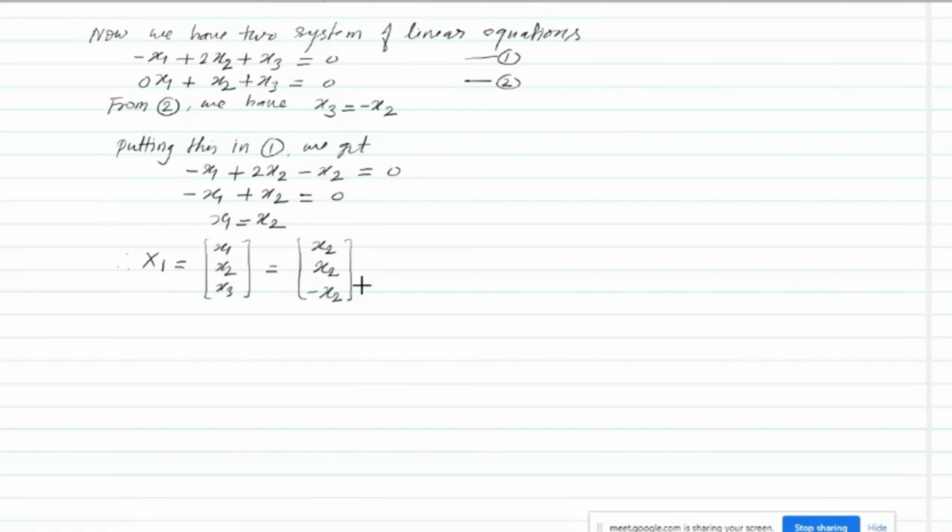Okay, so this is equal to what? I am taking x2 outside, so you will get 1, 1, minus 1.